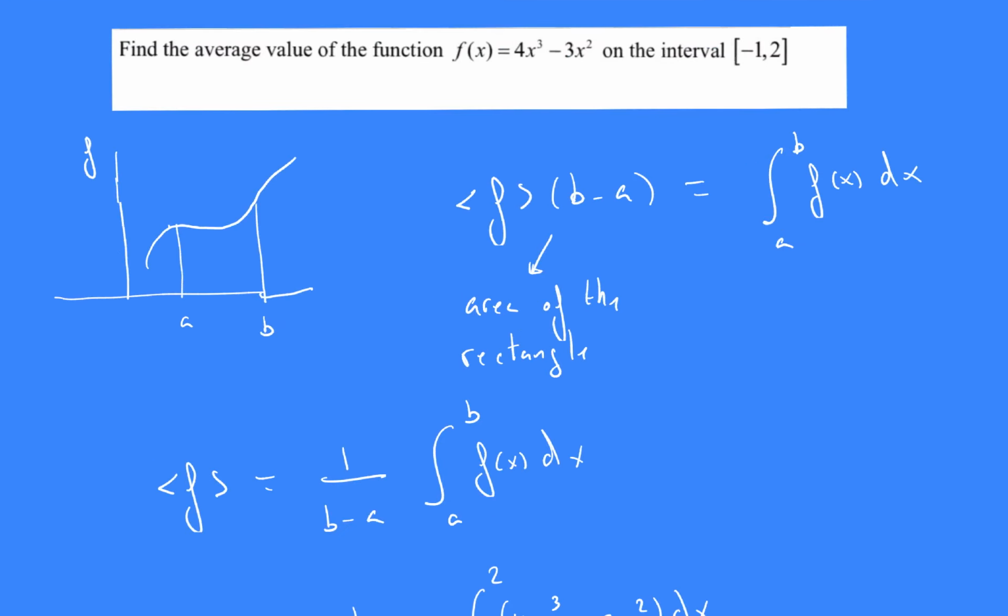Okay, the following problem is to find the average value of the function 4x cubed minus 3x squared on the interval minus 1, 2. The important thing is that the function is continuous here. I'm not representing this function, 4x cubed minus 3x squared. I'm explaining the idea of the average value. The average value will be here on the y-axis.